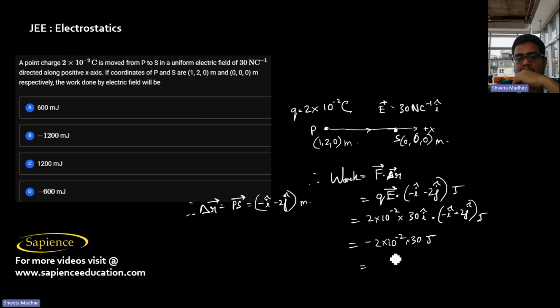This is 60 by 100, so that is minus 0.6 joule. It is minus 600 joule. So option D is the correct answer.